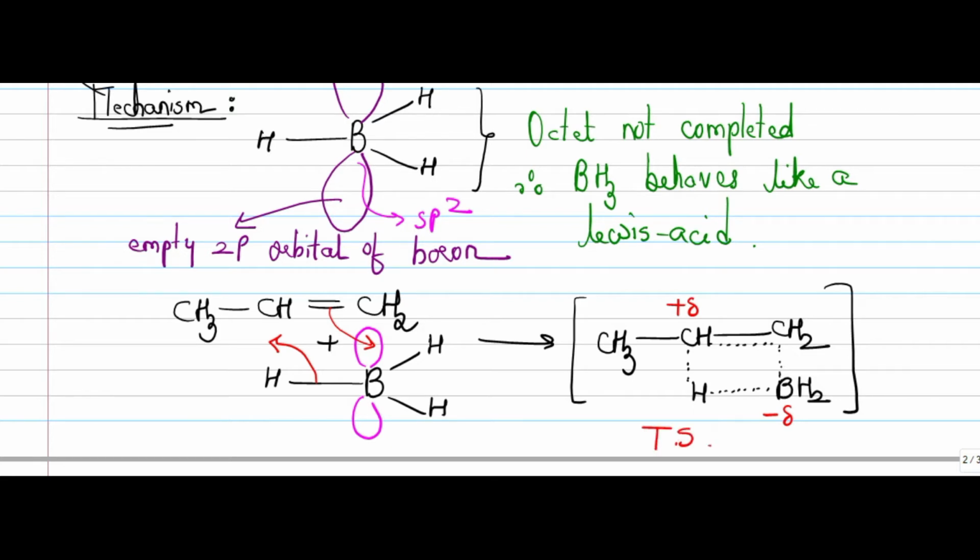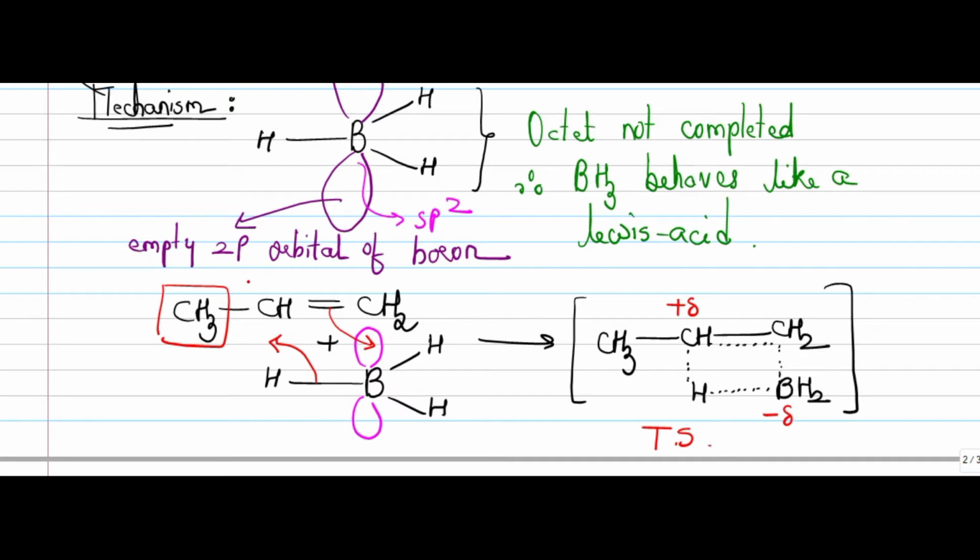Now you need to understand why boron gets electrons from the pi bond and gets attached with this carbon. When boron gets attached with this carbon, there is positive charge generated on the other carbon. This carbon can accommodate positive charge better because it has this methyl group, and due to its plus I effect, positive charge is more stabilized here.